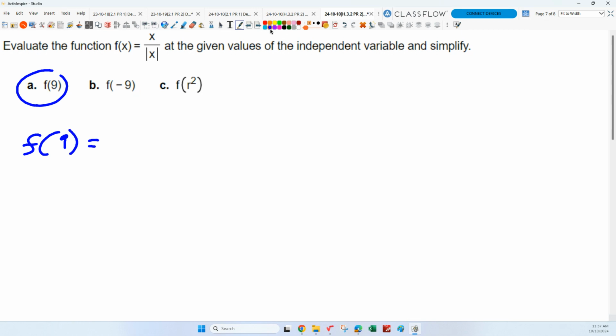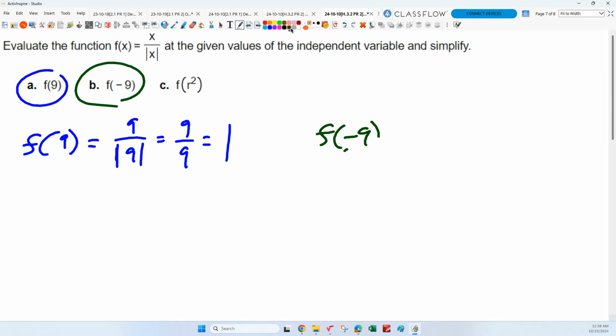What's f of 9, if I plug that in? What's the absolute value of 9? So what's the output? 1. Okay. What is f of negative 9?